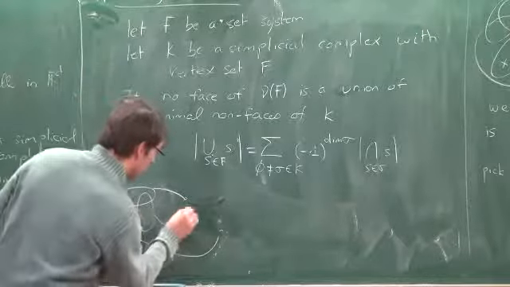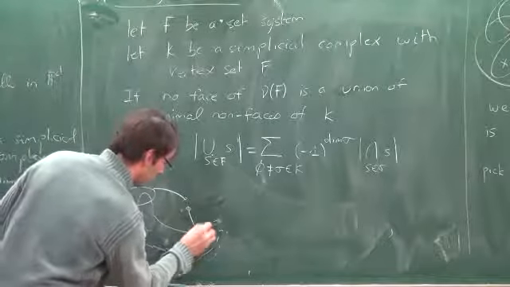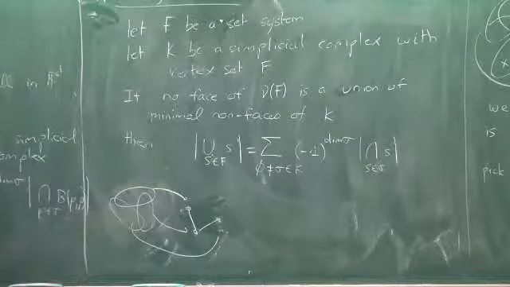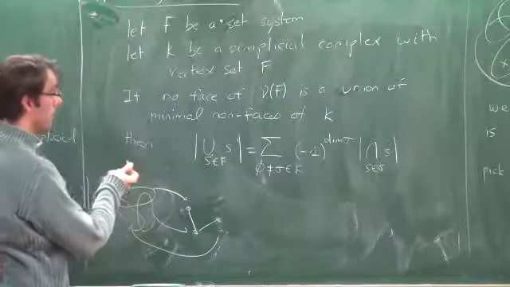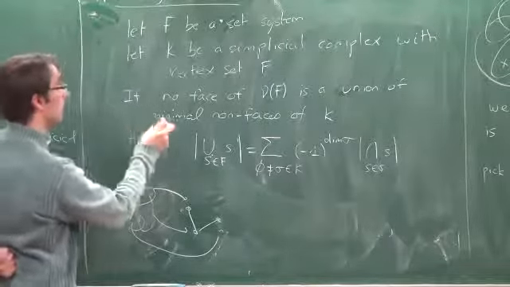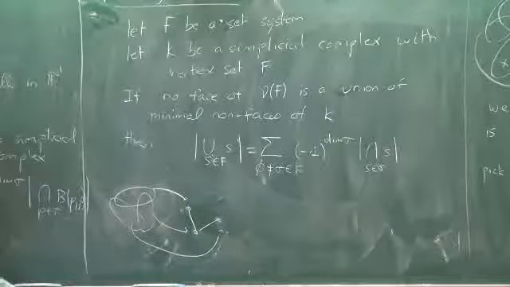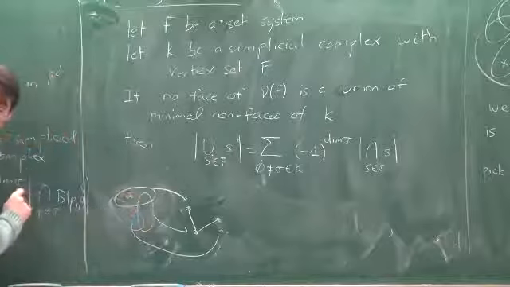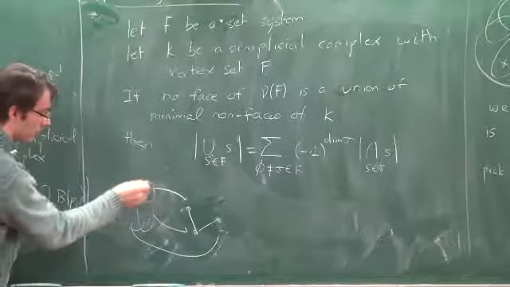Let me take an example that doesn't work. Let me take this. It's a simplicial complex on this set. And now what I'm saying is, pick every face of the Venn diagram. The faces of the Venn diagram correspond to these regions here.